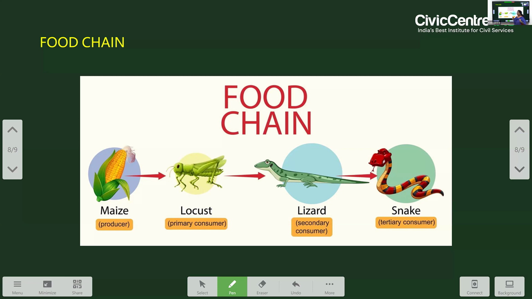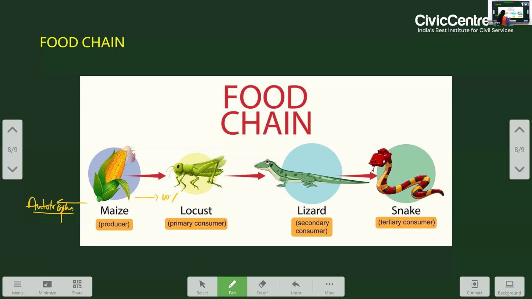Moving on, let's see this through a picture. Here we can see the producer produces some food like a maize cob, that is the autotroph. And when this is consumed by a primary consumer like a locust, it receives only 10% of the energy here.